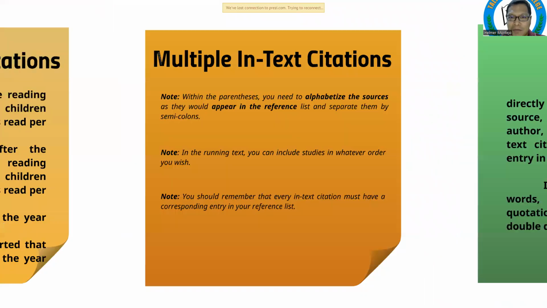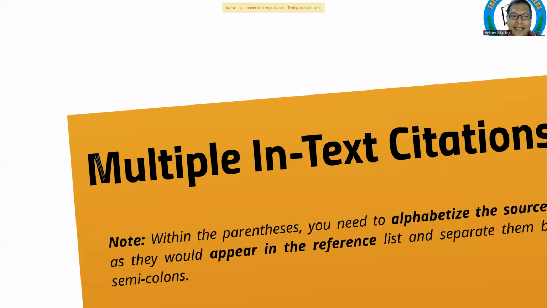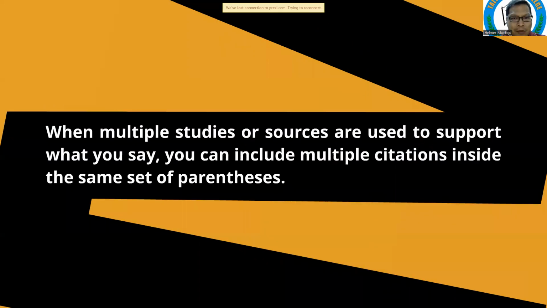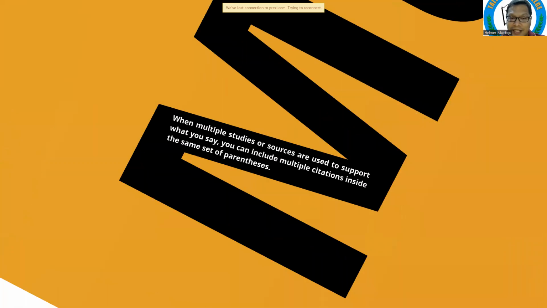We will discuss multiple in-text citations. But before discussing further, let me first tell you the meaning of multiple in-text citations. When multiple studies or sources are used to support what you say, you can include multiple citations inside the same set of parentheses.